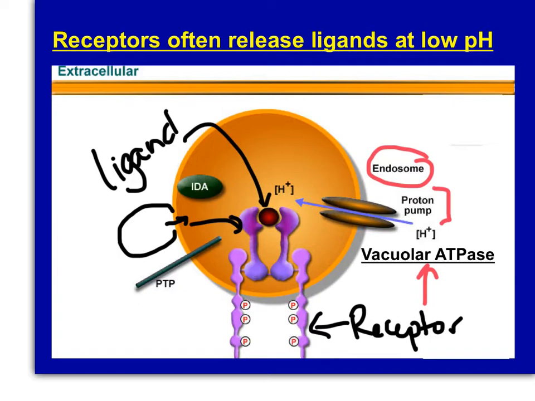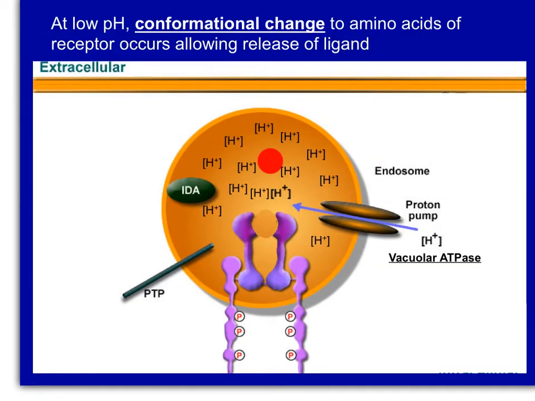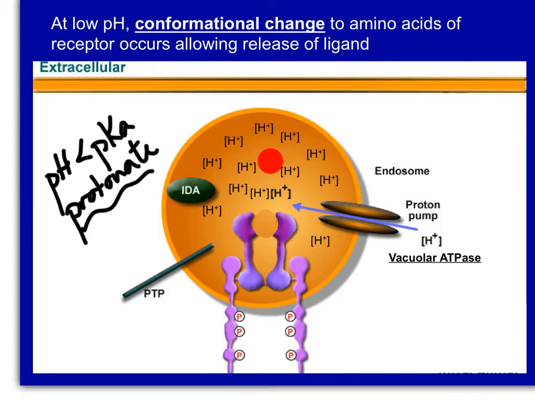So what might happen when this particular receptor is present in a place that has lower pH? Well, it's really interesting. You remember the whole concept: if the pH is below the pKa, what happens to proteins? You protonate the particular amino acids that can be protonated.